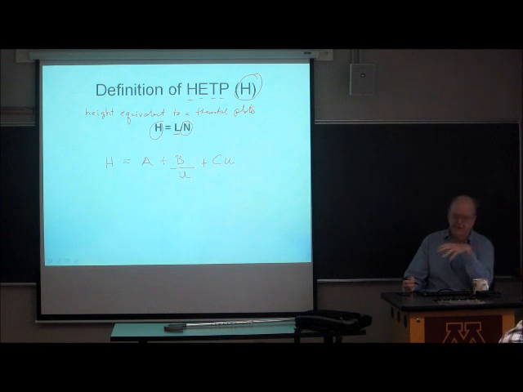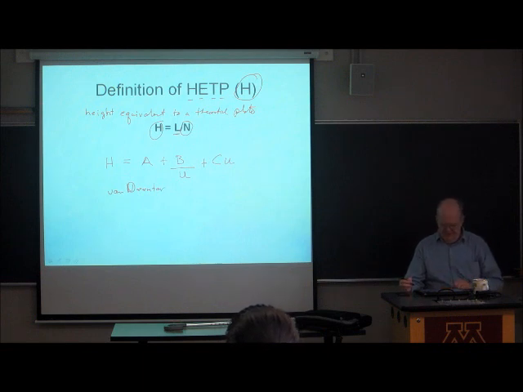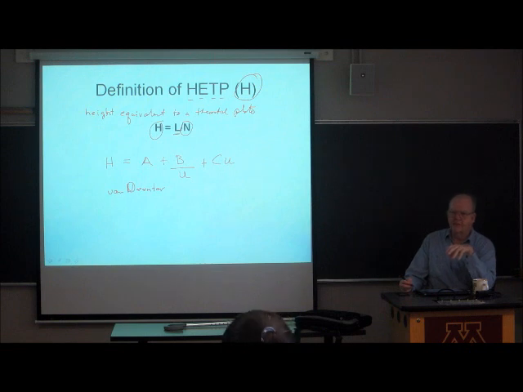Now, the first people to come up with an equation of this form was led by a fellow by the name of Van Deemter. And this equation is invariably known as the Van Deemter equation.